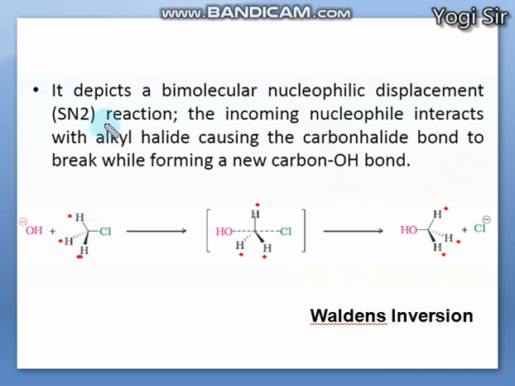It is mentioned here. It depicts bimolecular nucleophilic displacement or SN2 reaction, and the incoming nucleophile interacts with the alkyl halide, causing the carbon halogen bond to break, and there is formation of a new bond between carbon and OH, a permanent new bond between this carbon and OH.